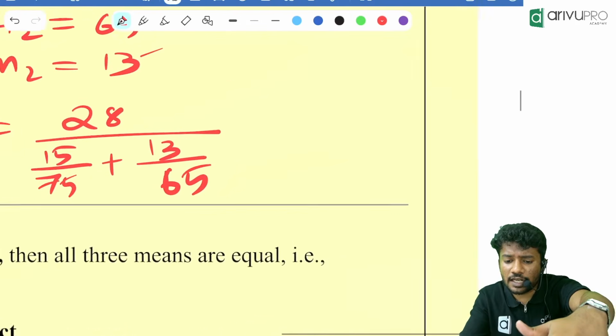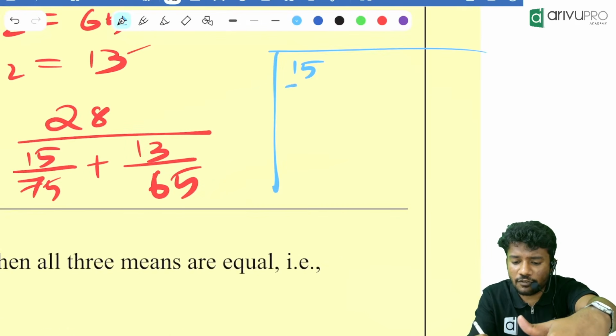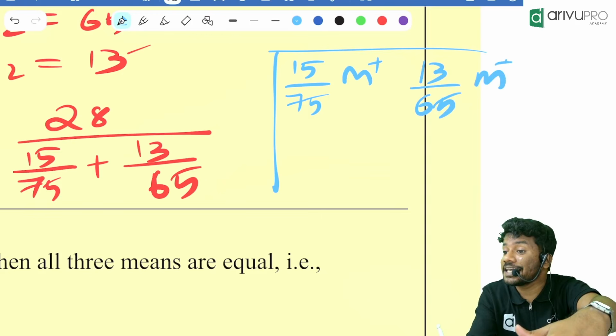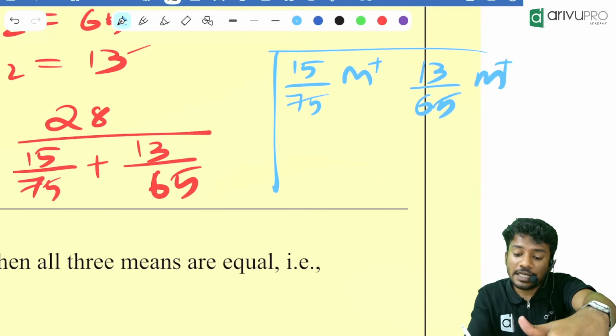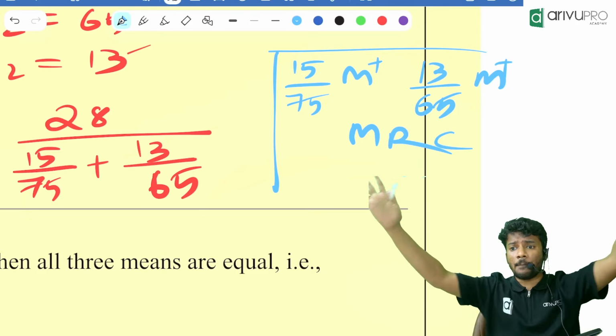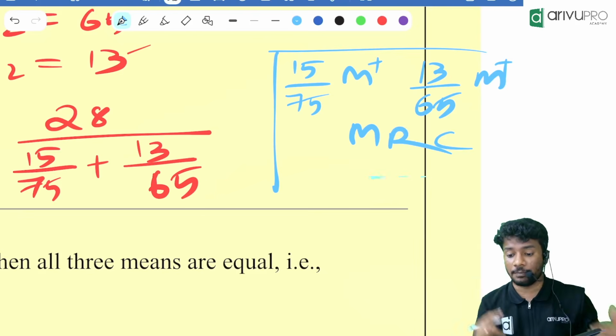So how to do it in calculator? I'll show you here. First find the denominator, 15 divided by 75. Then click M plus. Then 13 divided by 65, then M plus. Then people, click the MRC button. Why are we clicking the MRC button? We are adding both the values from the memory.